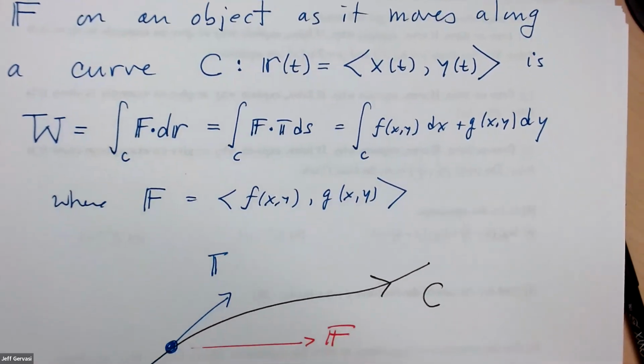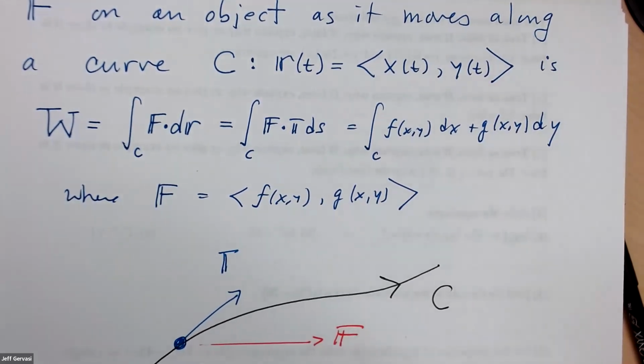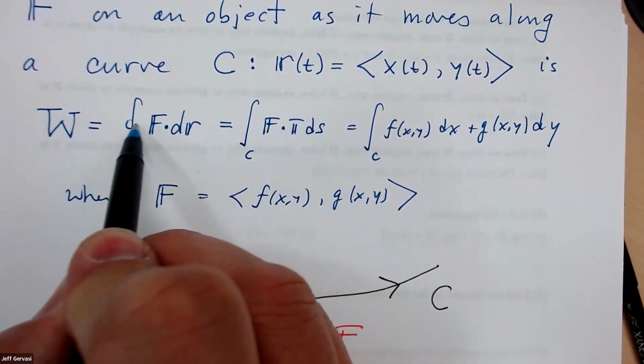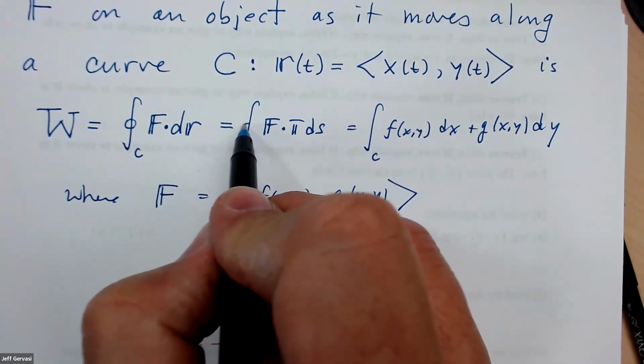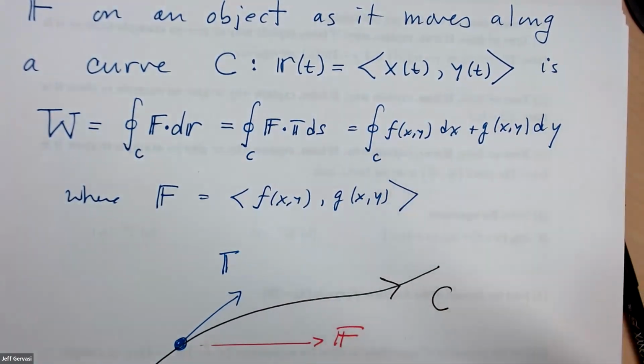Now, we also said that if the curve is a closed curve, then we would add these little ornaments to the integral symbol, these little circles. That was just a way to emphasize that the curve was closed.